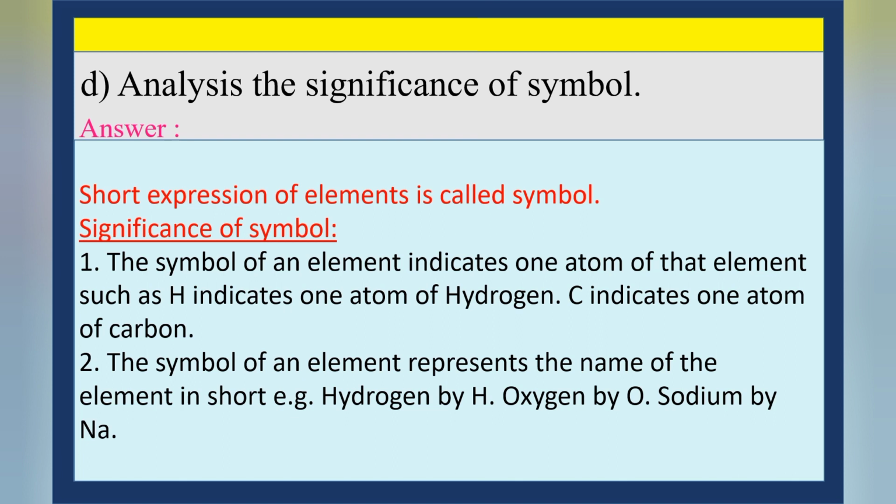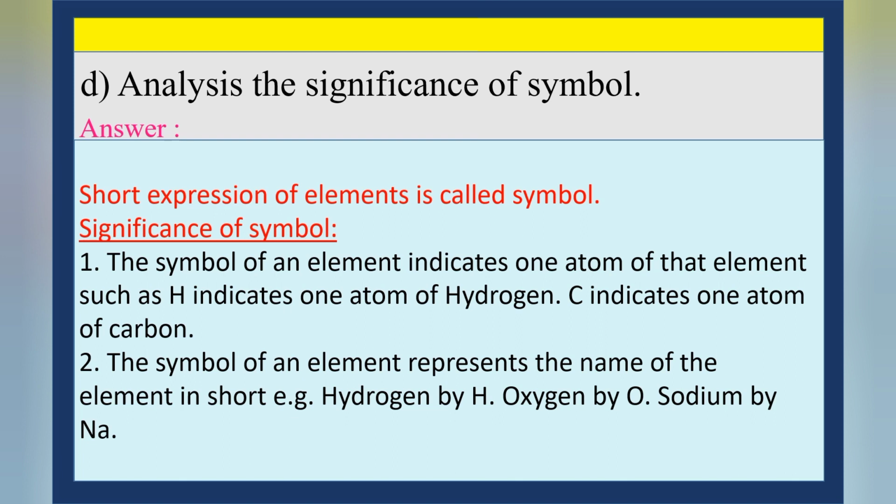Okay. And then again, if we go to the next significance, the symbol of an element represents the name of the element in short. Okay, hydrogen by H. So when we are going to write any kind of reaction, we don't have to write down hydrogen in full. We will just use H in that way.